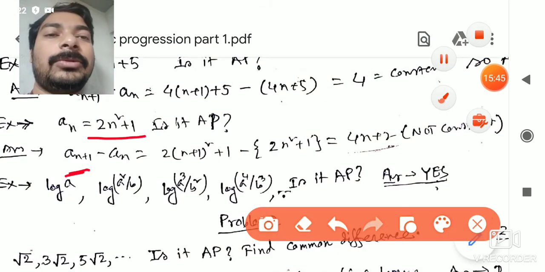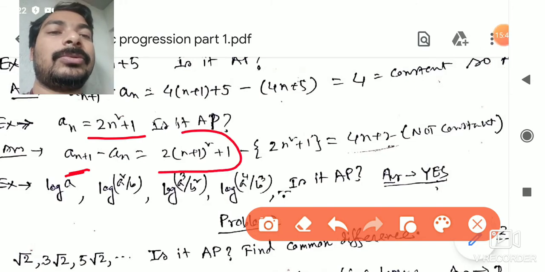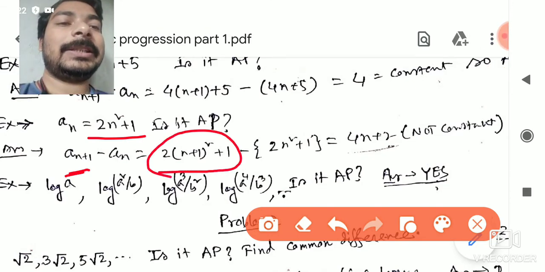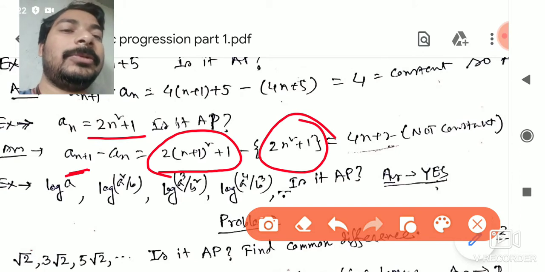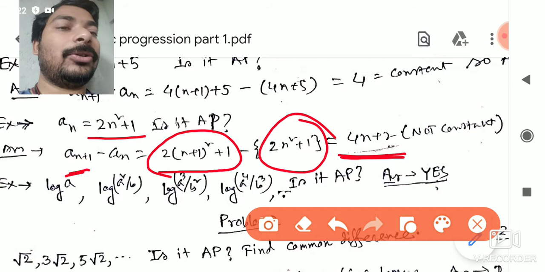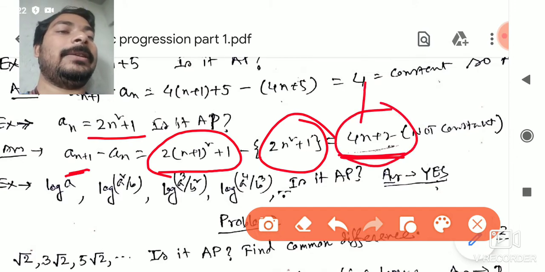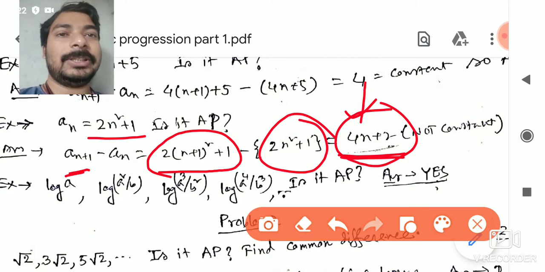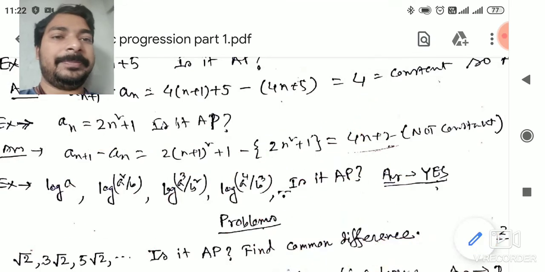So a(n+1) minus an is 2 into n plus 1 whole square plus 1 minus 2n square plus 1. If we subtract this, we will get 4n plus 2. You can easily calculate this thing. It is not a constant. Look, here it depends on n. If we put n equal to 1, then it is 6, n equal to 2, then it is 10, and so on. So it is not a constant, so it is not an AP.